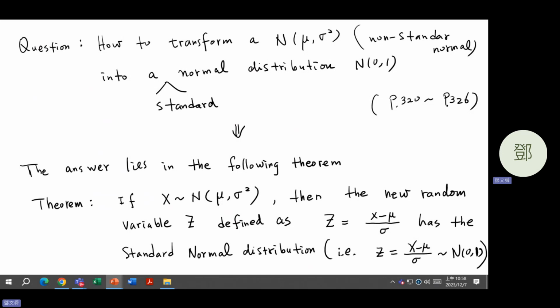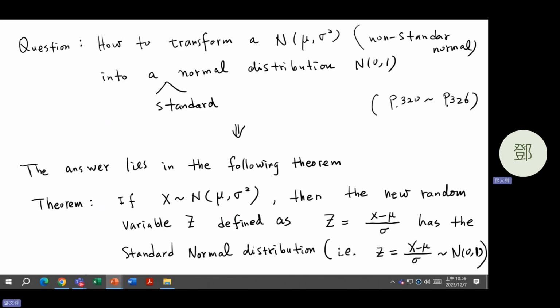It is still a random variable after minus mu. And when you divide it by the constant sigma, the whole thing is also a random variable. It is a new random variable, and let us denote it by Z.